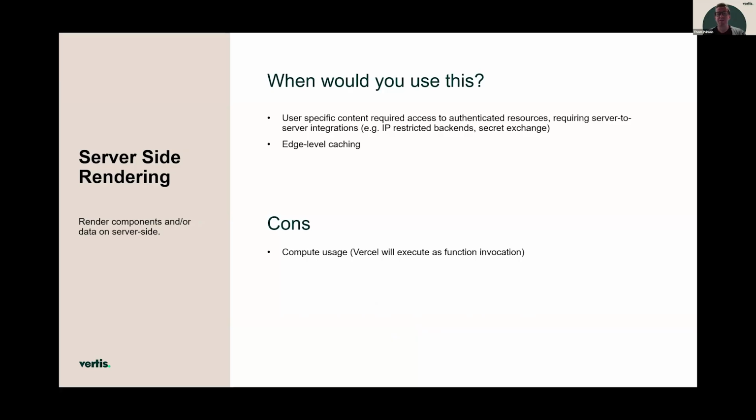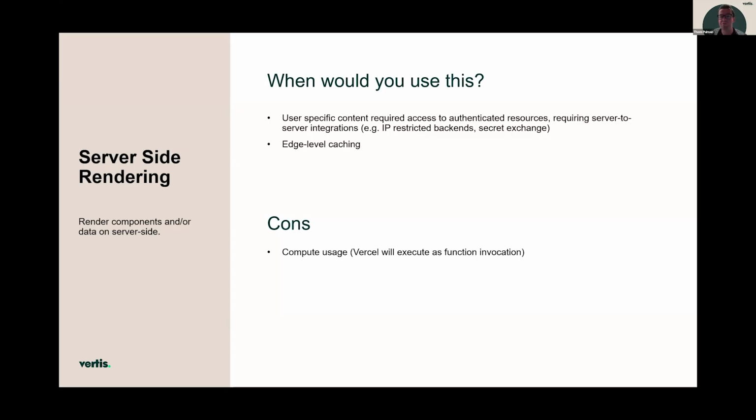Then server-side rendering. This one I generally use if you, for example, need to use an API where you need some secret keys, right? It can be an API that is serving me some data that I need to present on my page. But that API requires some API key that I don't want to have in my client-side bundle, for example, right?